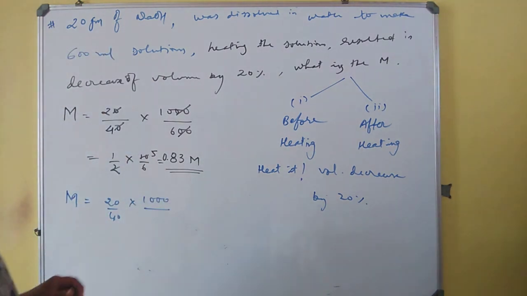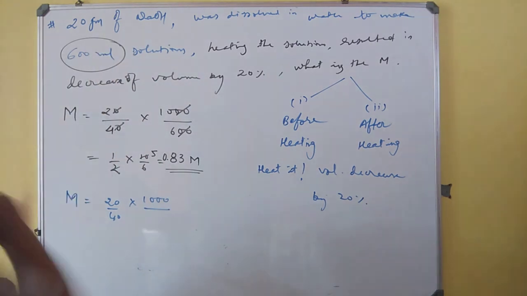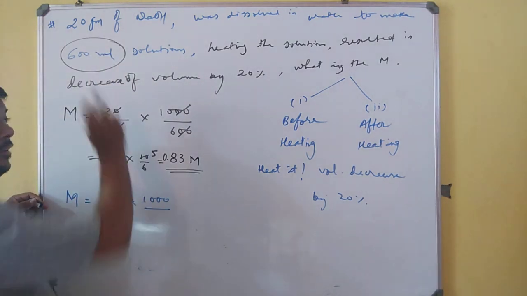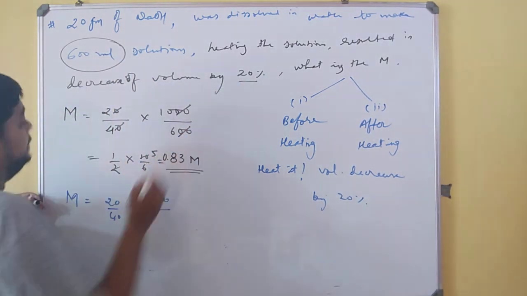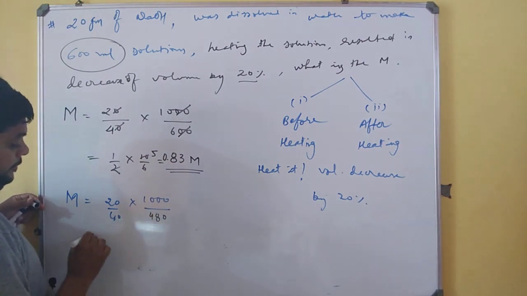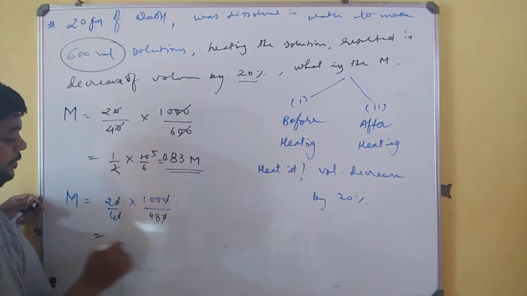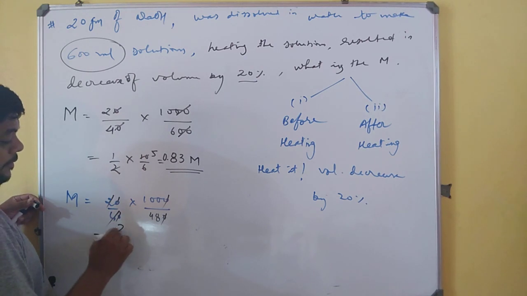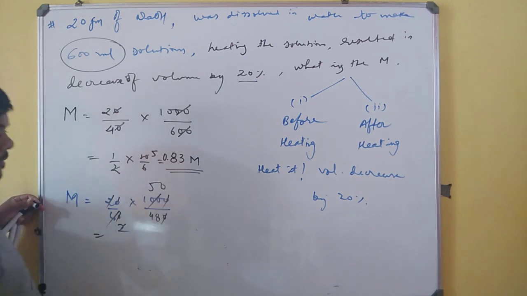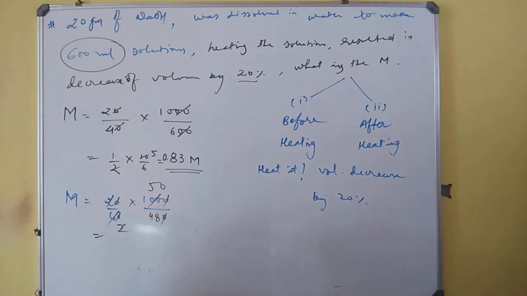So for every 10% of 600, you will have less by 60 ml. So decreasing 120 ml with respect to 20%, I will have 480. So over here, it will be somewhat 50 divided by 48. Before coming to the answer, let us check it once again, and then we will write the answer. So 50 divided by 48.